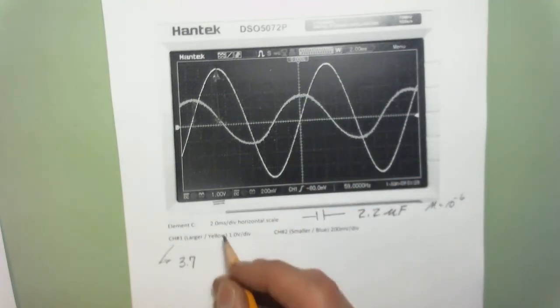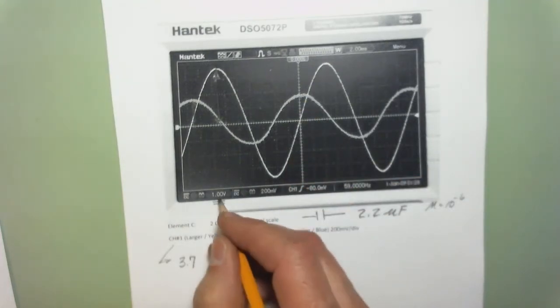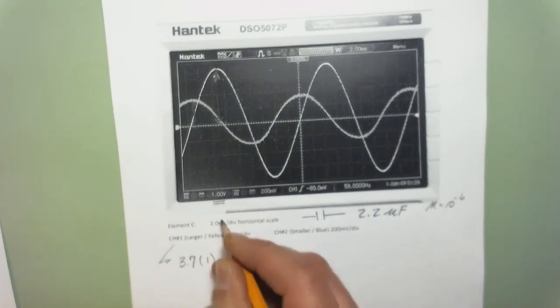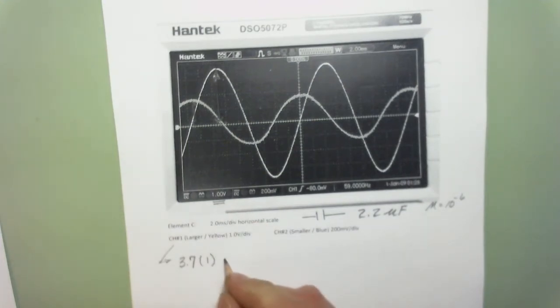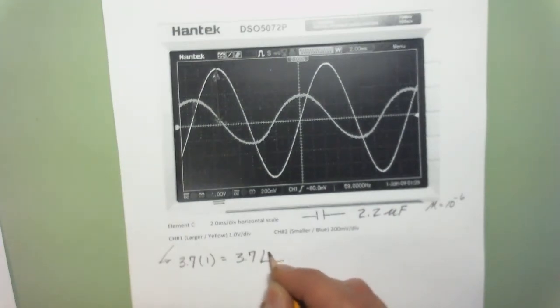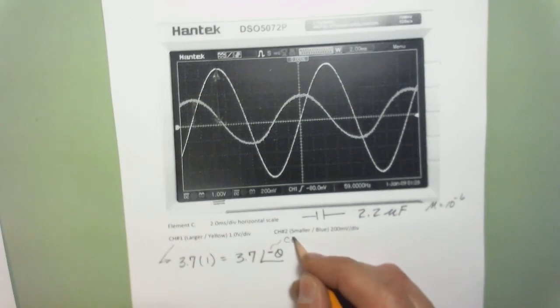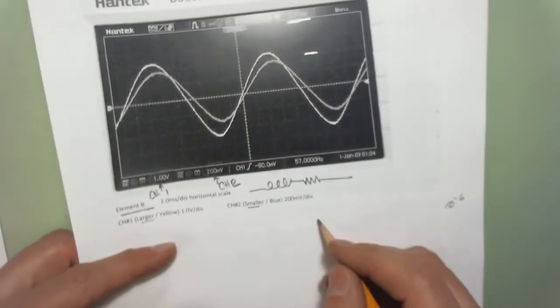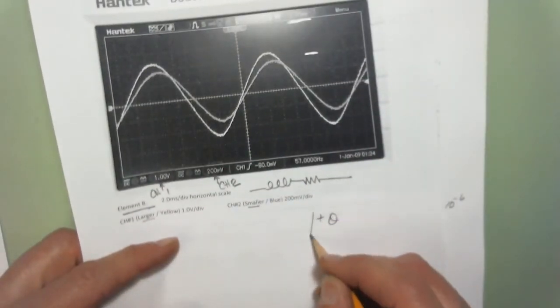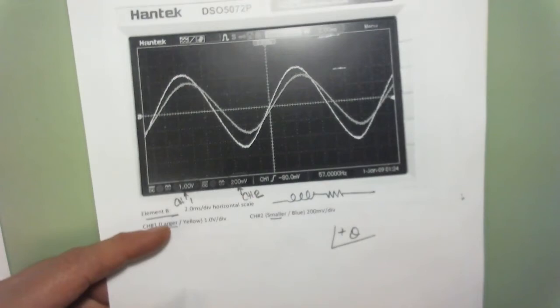So that's 3.7 divisions times 1 volt per division. That's where the 1 came from. That gives me 3.7 at an angle of minus theta. And I know that this is negative because it's a capacitor. If I go back to the inductor, it's going to be positive. This will be positive theta, this being the inductor one.